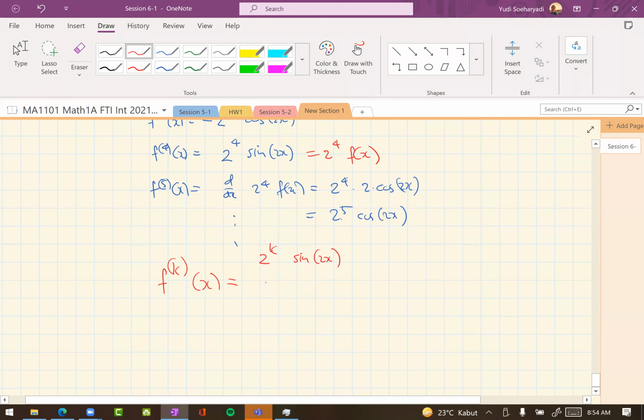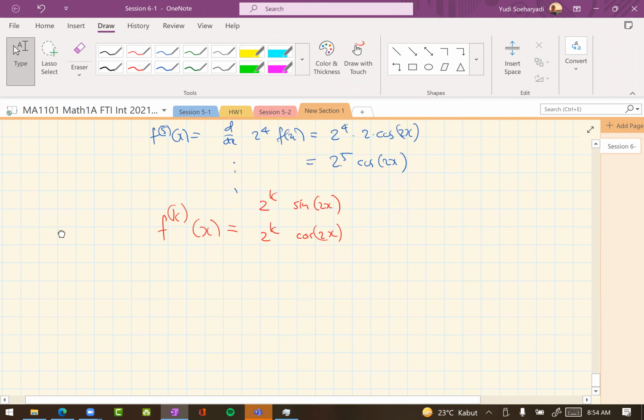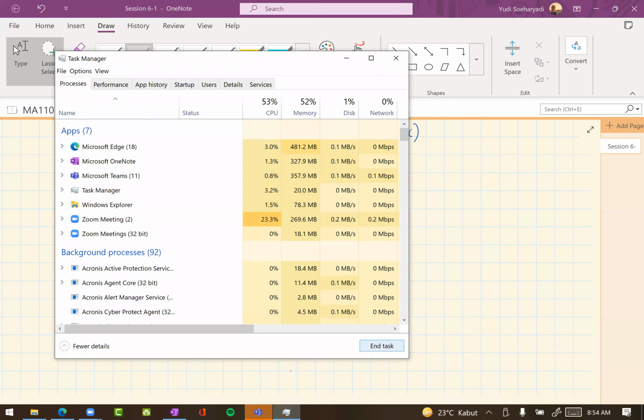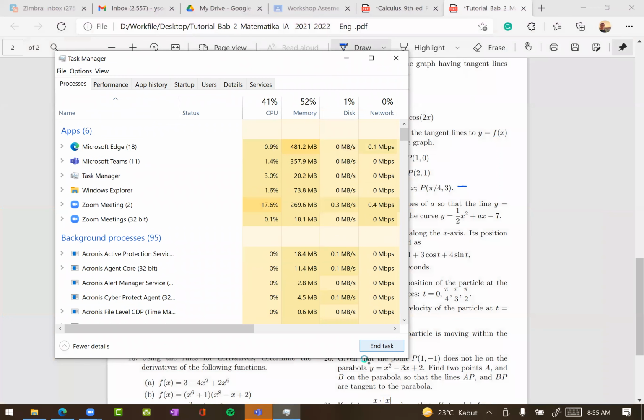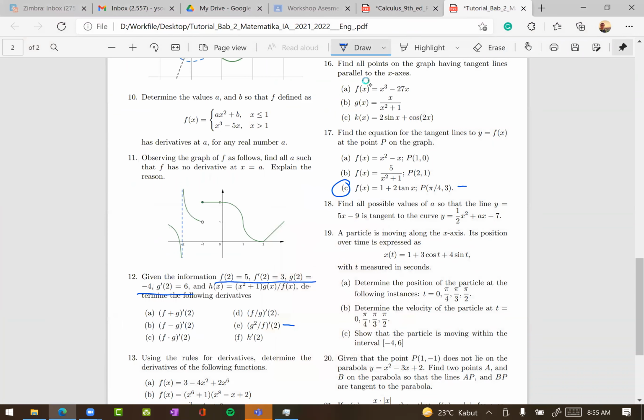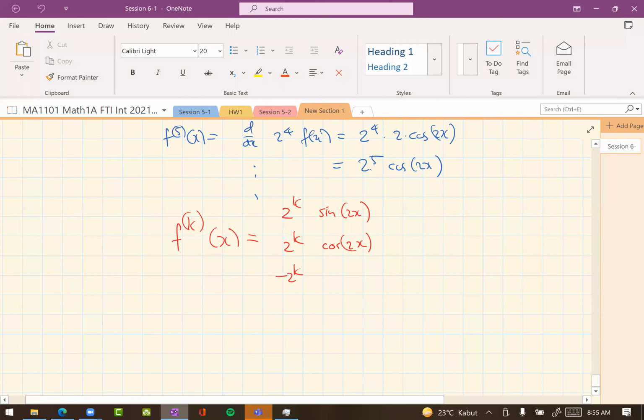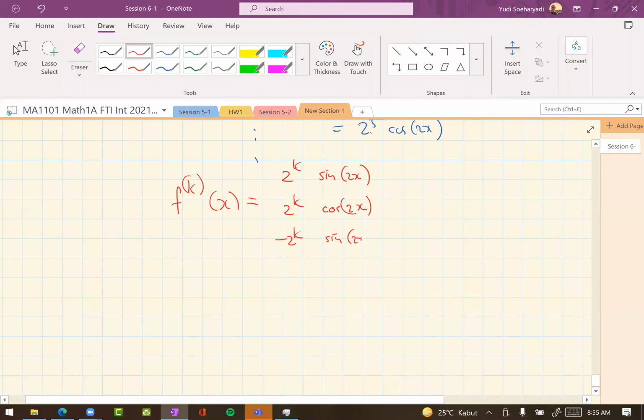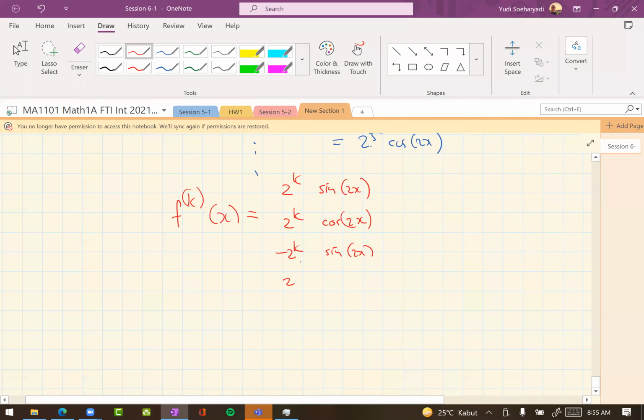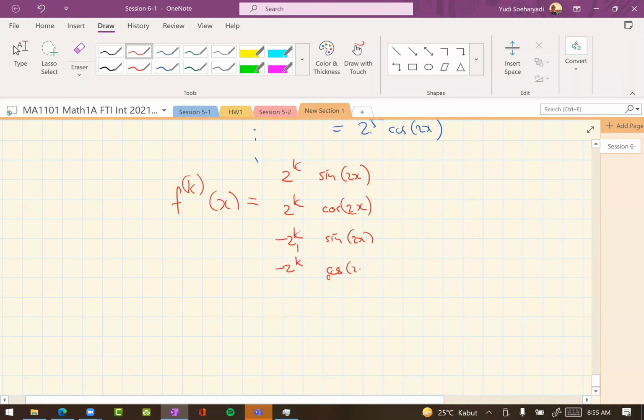Okay. So for that, it becomes 2 to the k cosine 2x, depending on k, and then cosine becomes sine, and from here you get again negative 2 to the k cosine, and you can differentiate here.